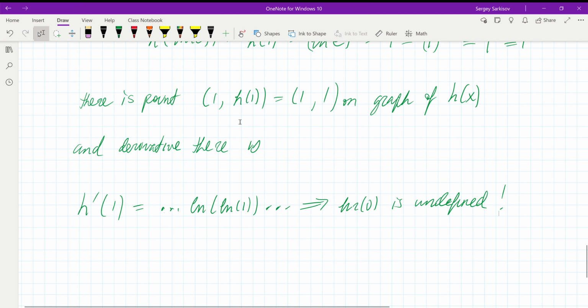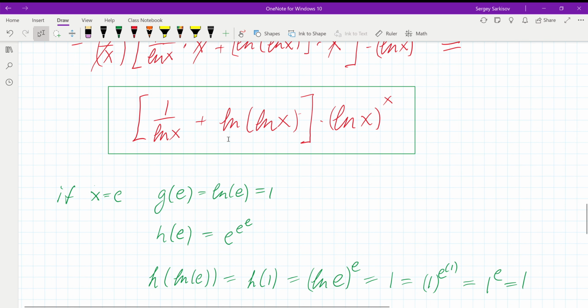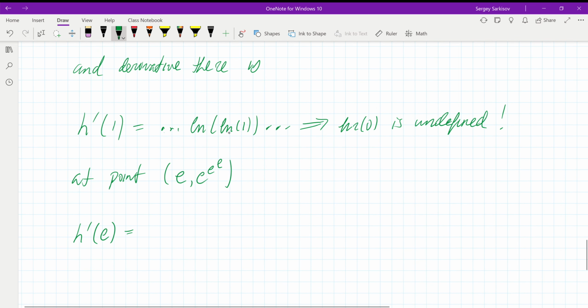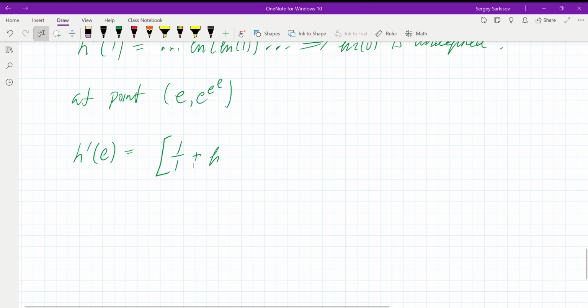And then let's try h at the point, what is that? e to the e to the e. I mean, that's a big y value, right? And let's quickly do h prime of e, because I think we can find this one at least. It was 1 over ln x, so 1 over ln e is just 1 over 1, plus, remember I said ln of ln, so what's ln of e?